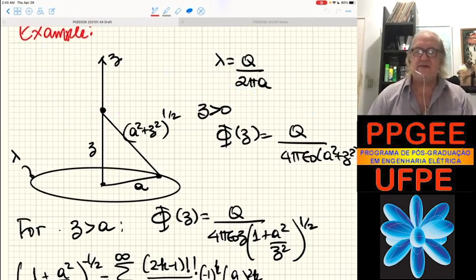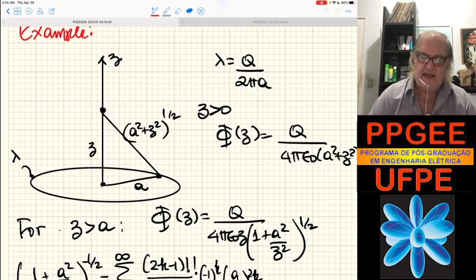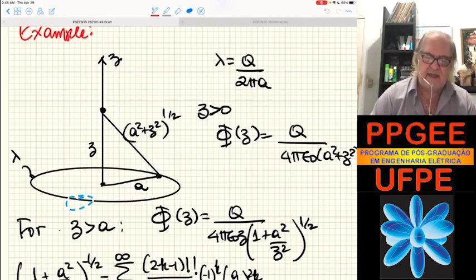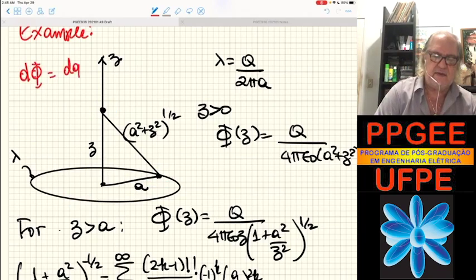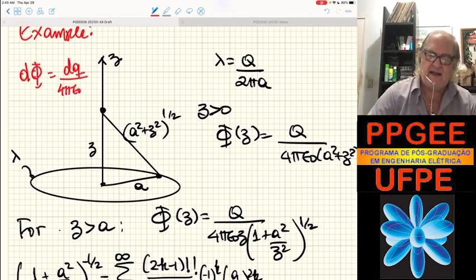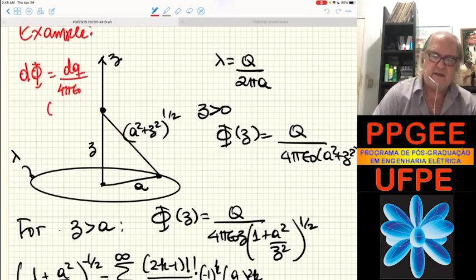On the z-axis, it's very easy to solve for the potential. This point is always at the same distance from any point on the ring. So the potential for a given point charge is phi equals dq divided by 4 pi epsilon 0 times this distance here, which is (a squared plus z squared) to the 1/2.